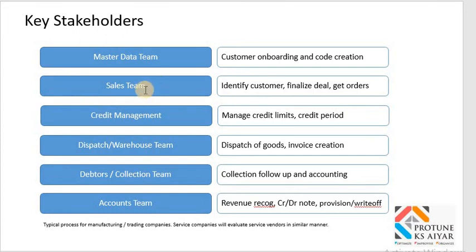The next one would be your sales teams. The sales teams are the ones interacting with customers. They are the front end staff for the organization. They are bringing in cash for the company. They negotiate the price and finalize the quantity of sales. And they are typically under tremendous pressure to meet the sales targets for the company.